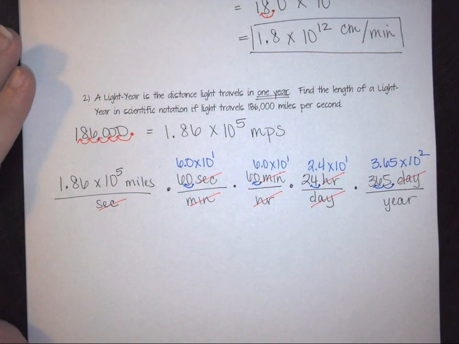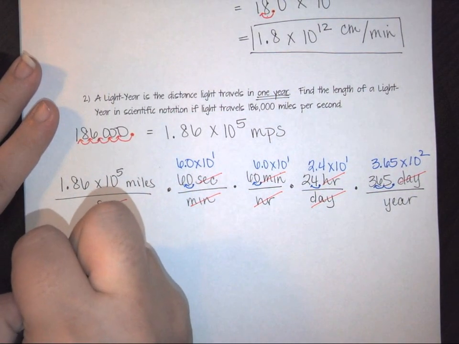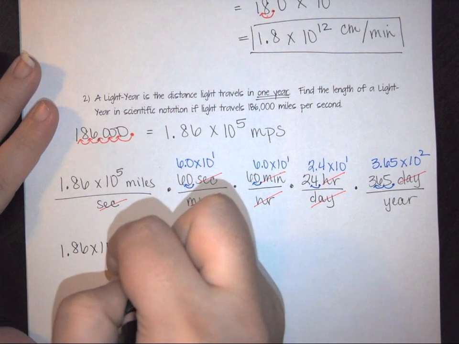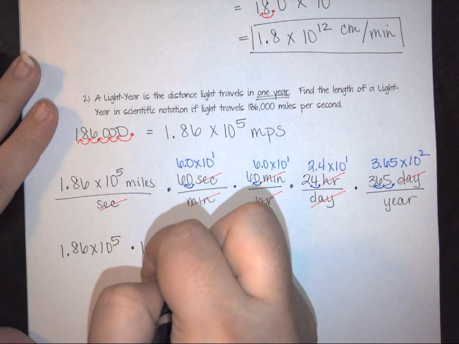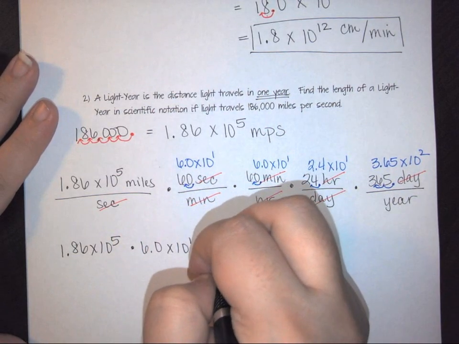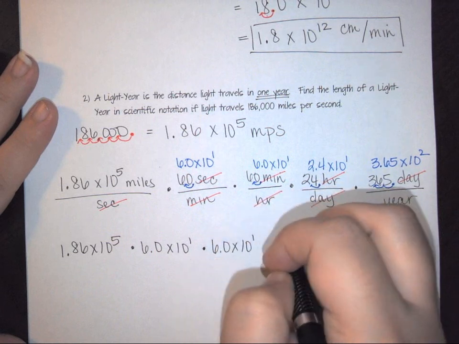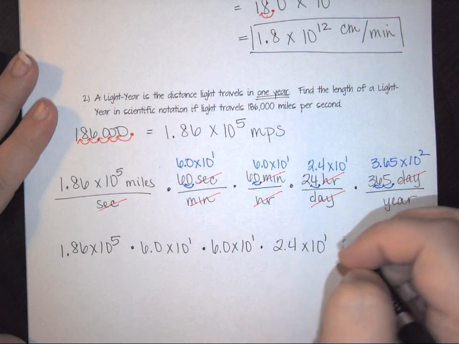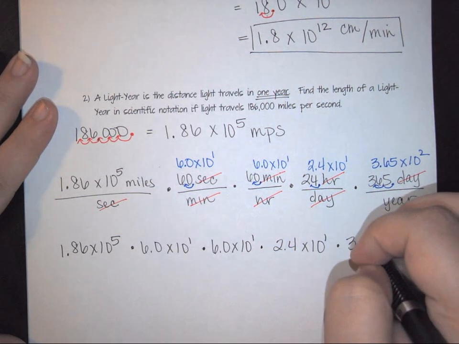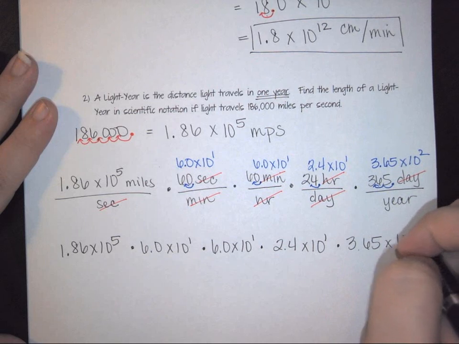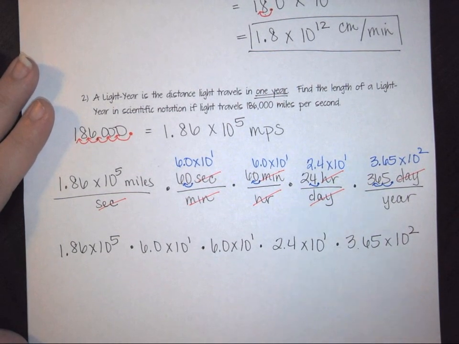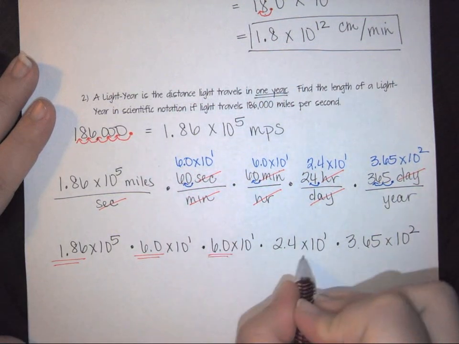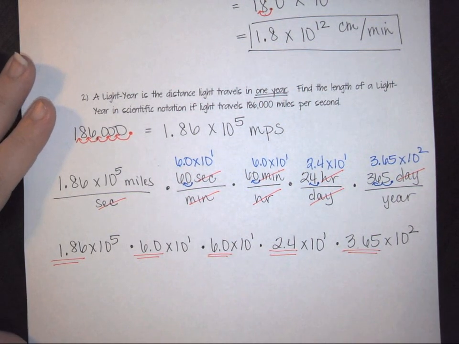So what we're actually looking at here is 1.86 times 10 to the 5th times 6.0 times 10 to the 1st times 6.0 times 10 to the 1st times 2.4 times 10 to the 1st times 3.65 times 10 to the 2nd. So we have to take all of my numbers and multiply them together.